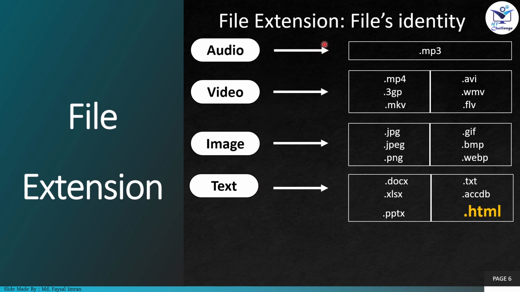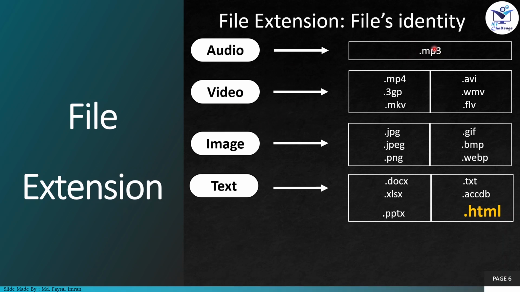If you have an audio song file, it has the .mp3 extension, and that is its identity. If you open an audio file, it opens in an audio player, not in an image viewer or photo gallery, because each has its own identity, and the device understands a file by its extension.